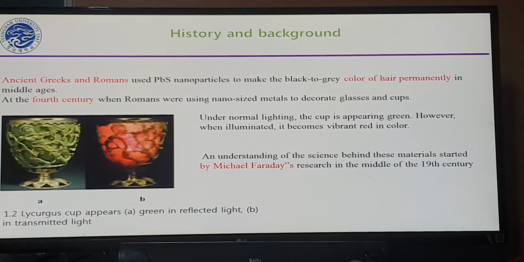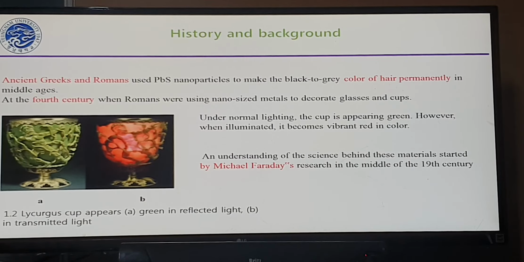Coming to the history and background of nanoscience and nanotechnology, ancient Greeks and Romans used lead sulfide nanoparticles to make the black to grey color of hair permanent in the Middle Ages. In the 4th century, Romans were using nano-sized metals to decorate glasses and cups.